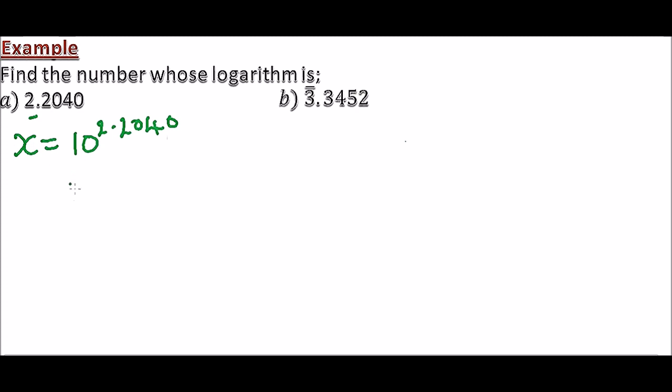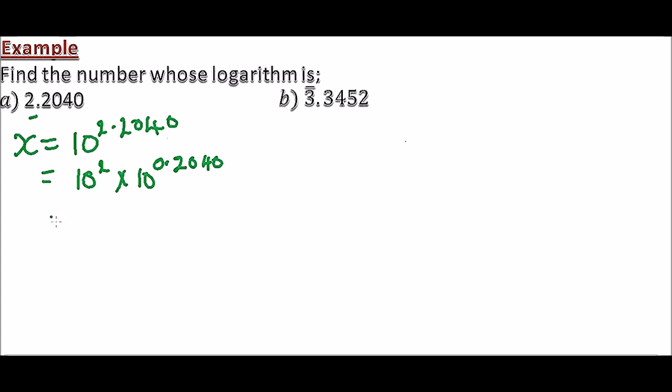Since anti-logarithm is a reverse of getting the logarithm, we can separate this number such that we have 10 to power 2 multiplied by 10 to power 0.2040.